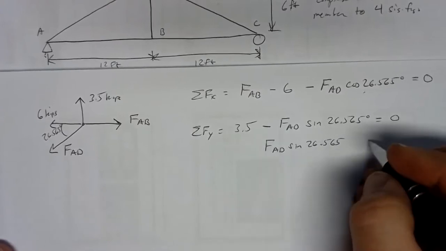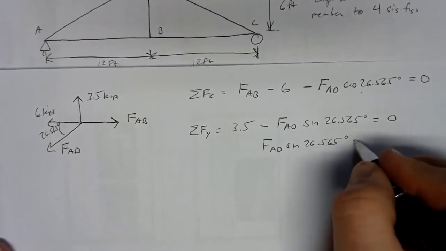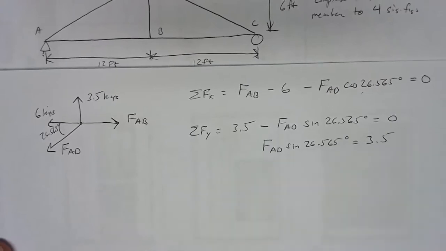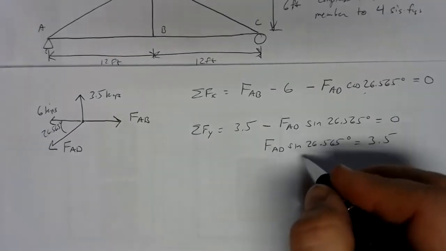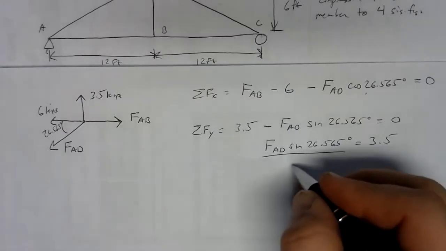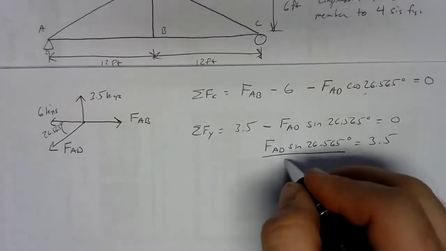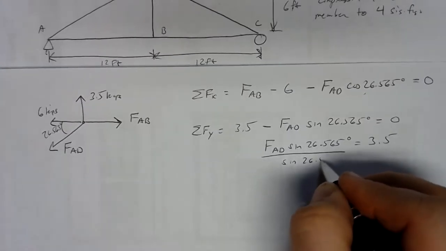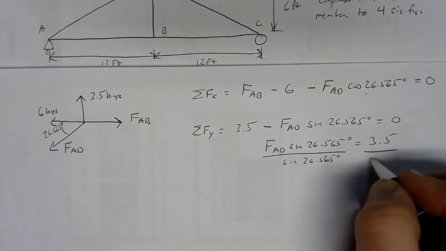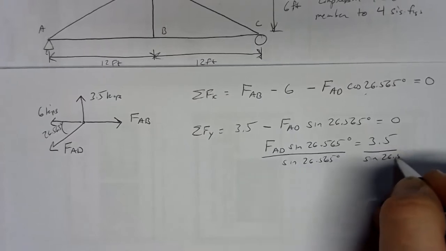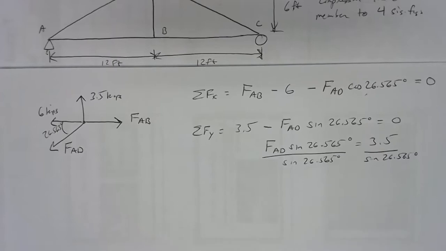If we add FAD sine 26.565 to both sides, we get FAD sine 26.565 equals 3.5. Divide out the sine. And we've got 3.5 divided by the sine of 26.565.